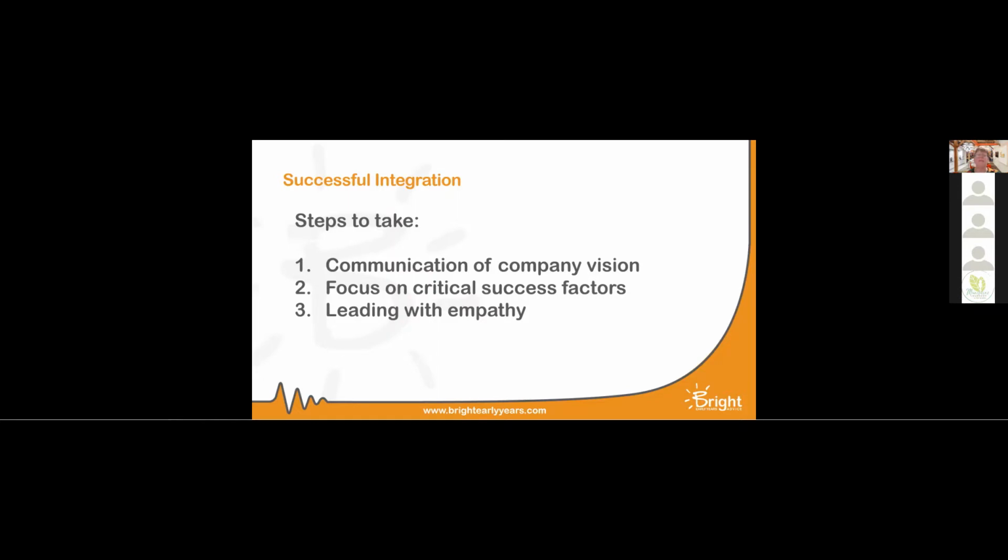What is the company vision in what we're trying to achieve with this particular project? What are we focusing on? The critical success factors. What is it going to do for them? How is it going to enhance the organisation? And then making sure that we are leading with empathy.